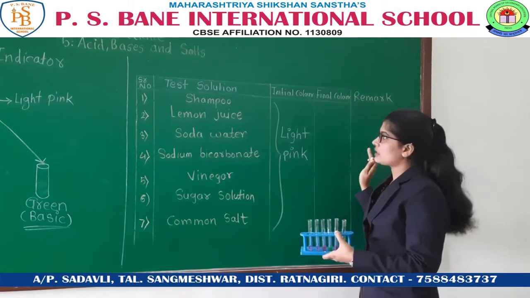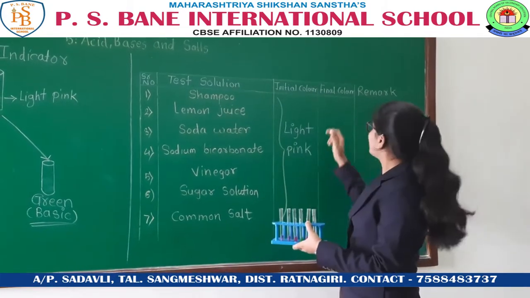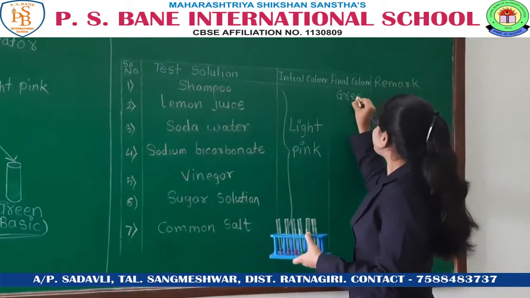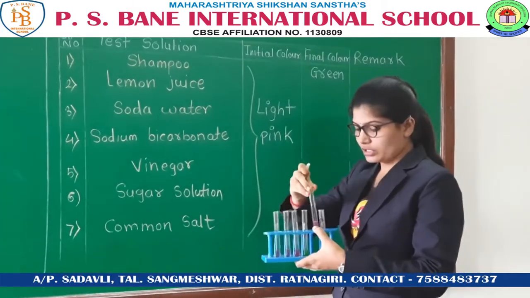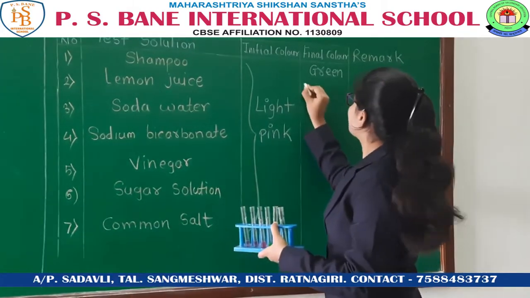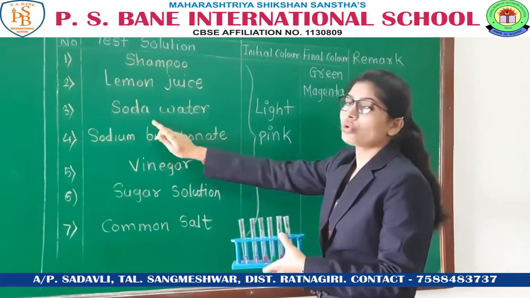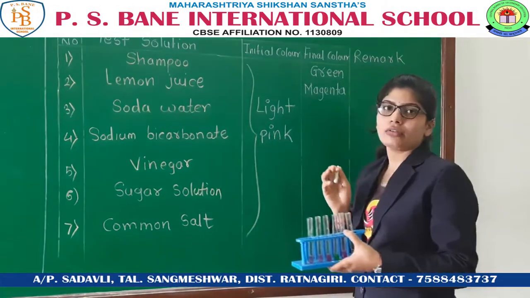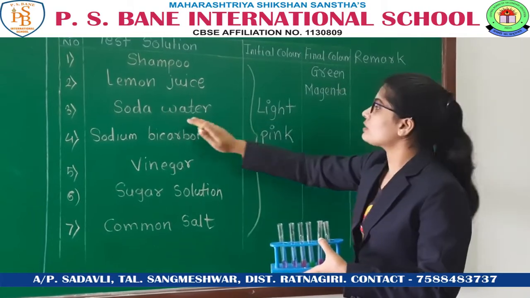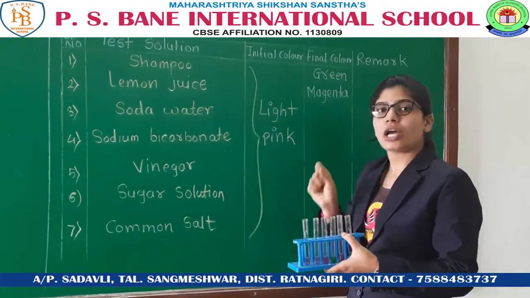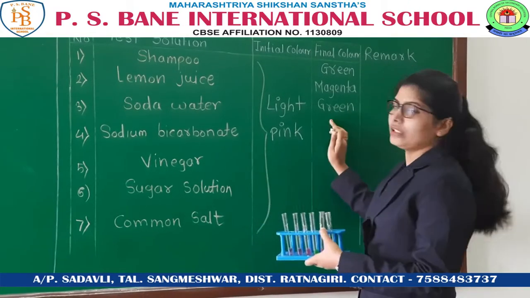Understood? Yes. Now shampoo, you can see here shampoo is in green color. Then lemon juice, which is in magenta color. Then soda water. Actually, I don't have soda water, but here I have the result. When we add China rose indicator to soda water, it changes to green color.